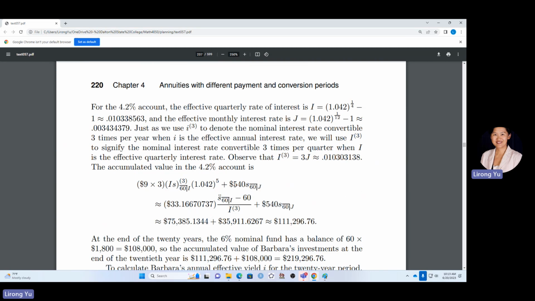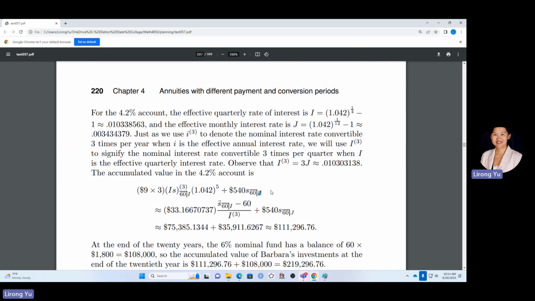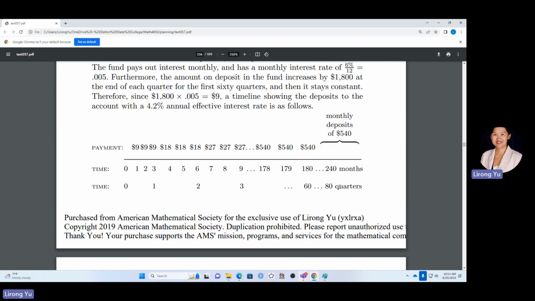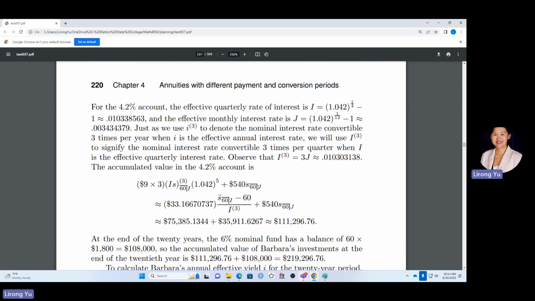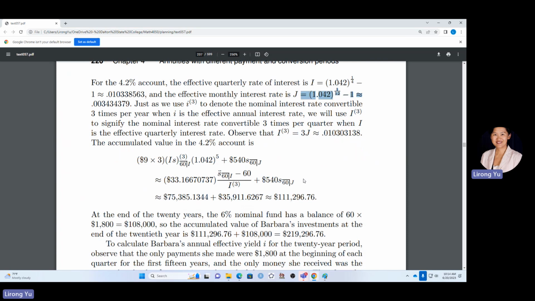The future value is being calculated by 540 times S60 at rate j, and j has to be the monthly interest rate. 60 payments of 540. It's a monthly payment. So that's why we have to calculate j. j is equal to 1.042 to the power of 1 over 12 minus 1. That is a monthly interest rate.